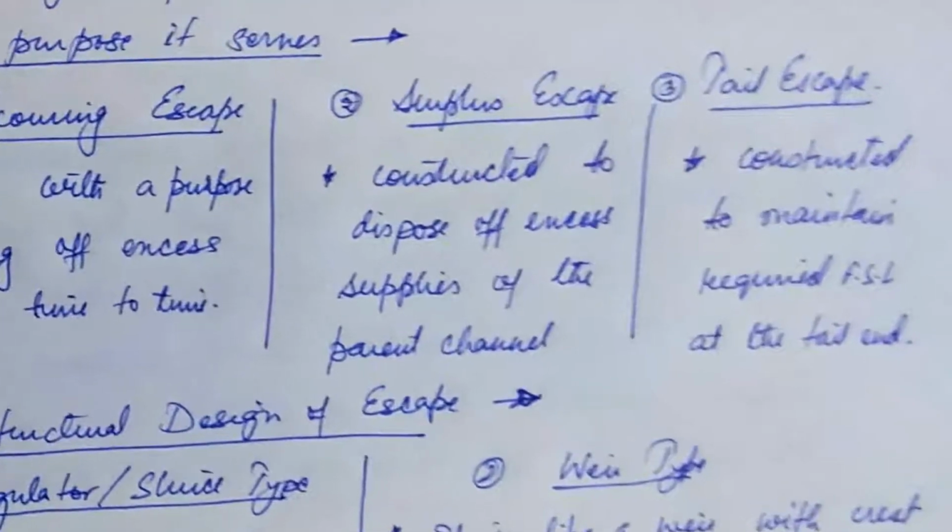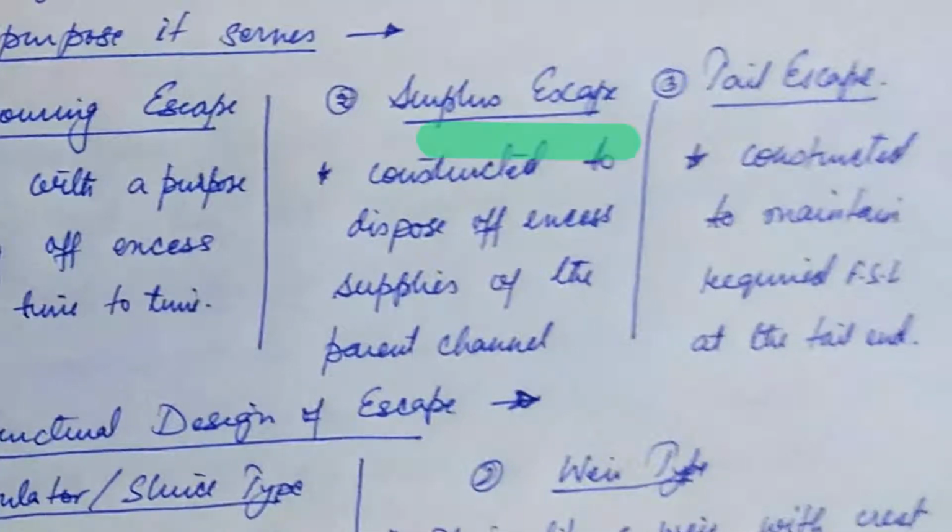It is called a surplus scape when the scape is constructed with a view to dispose of the excess supplies of the parent channel. And it is called a tail scape when the scape is constructed to maintain the required FSL at the tail end.